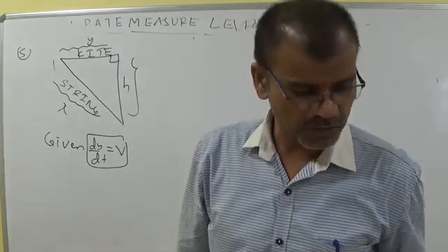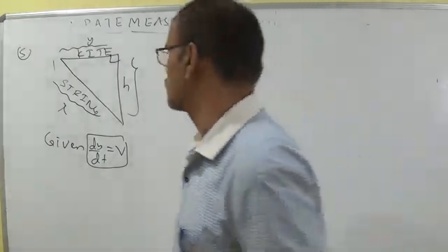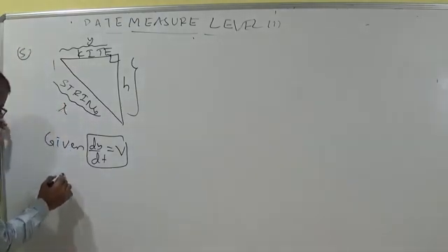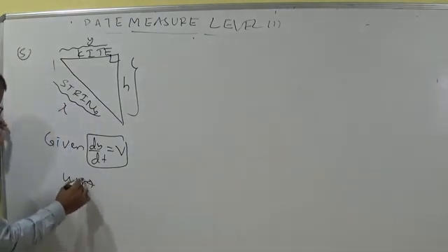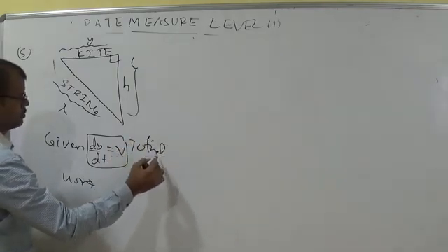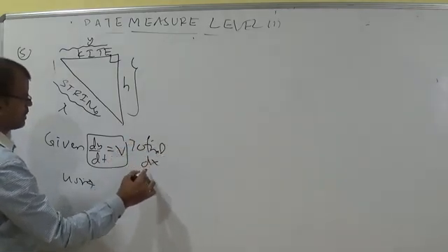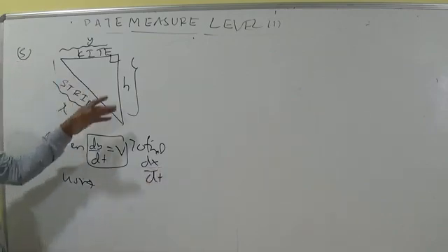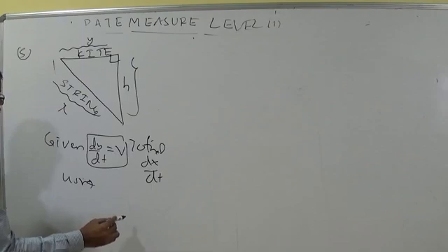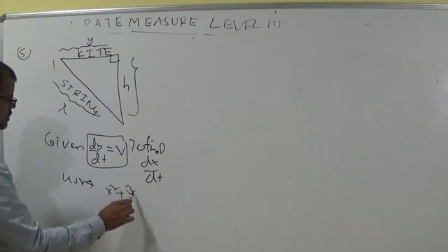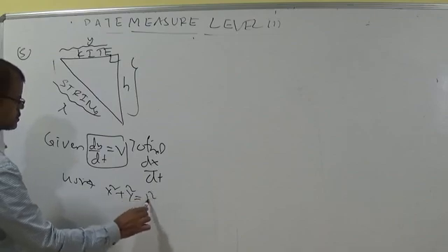The rate at which the string is paid out, dx/dt, you should calculate. To find dx/dt, using this right angle triangle also. In a right angle triangle, x square plus y square is equal to h square.